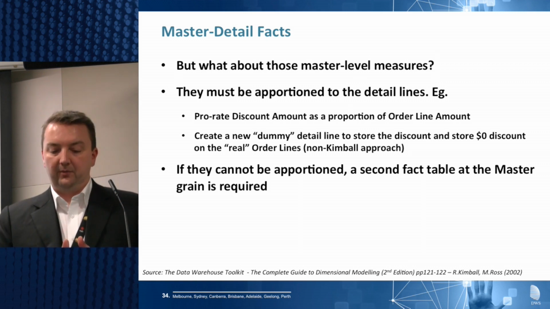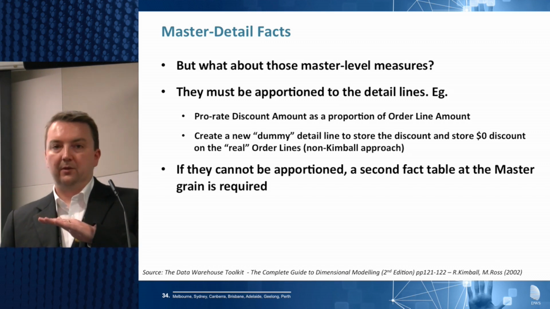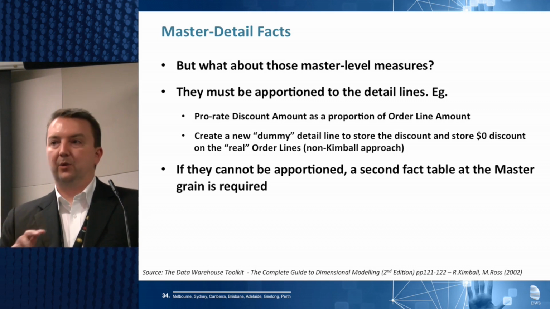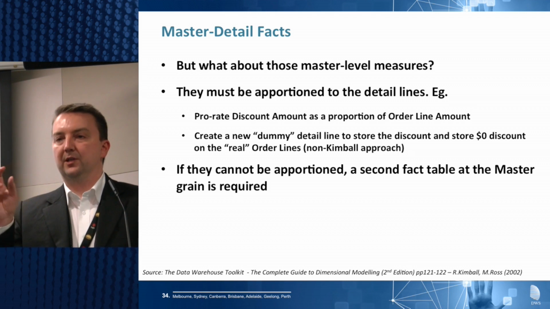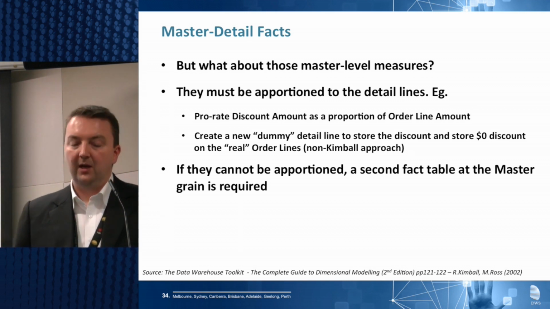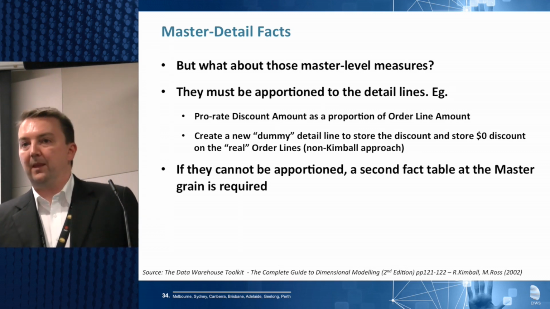So if we've got a $100 discount, and let's say there are 3 items that represent 10%, 20% and 70% of the order total, then we apportion that discount 10%, 20%, 70%. Okay, we need to come up with a way of dividing it up. And maybe that method doesn't make sense to the business.